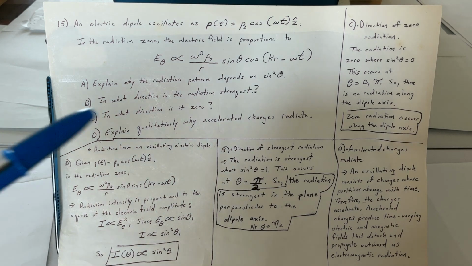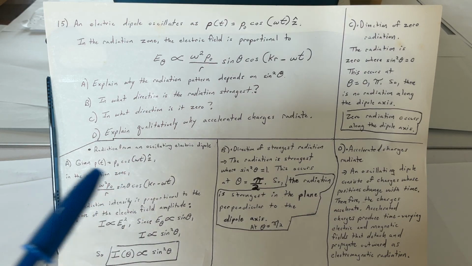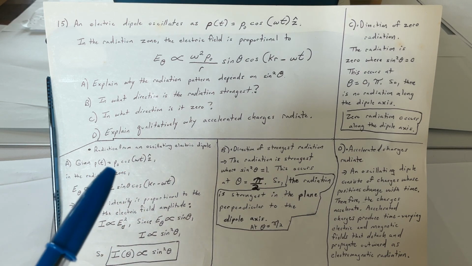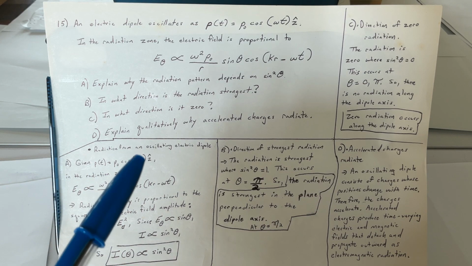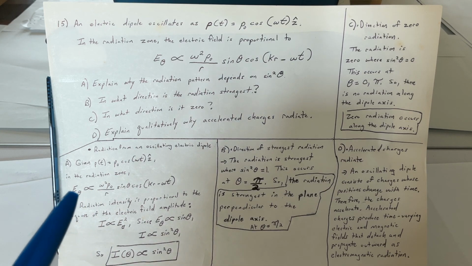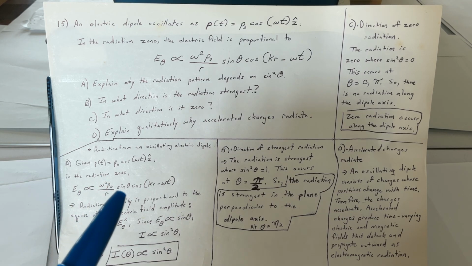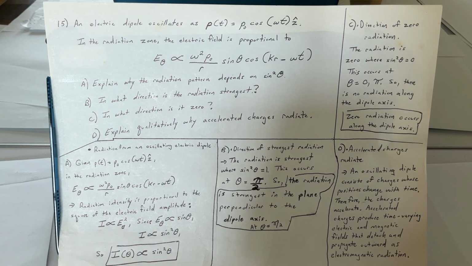So for part A, we want to explain why the radiation pattern depends on sine squared theta. Here, for radiation from an oscillating electric dipole, in the radiation zone E sub theta is proportional to omega squared p naught over r sine theta cosine of (kr minus omega t).